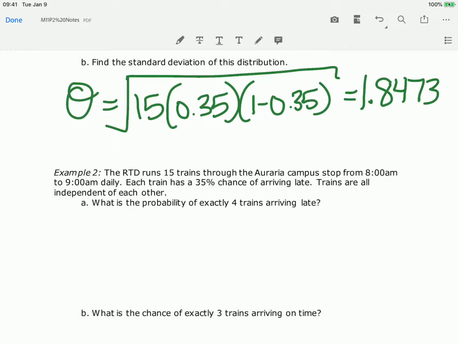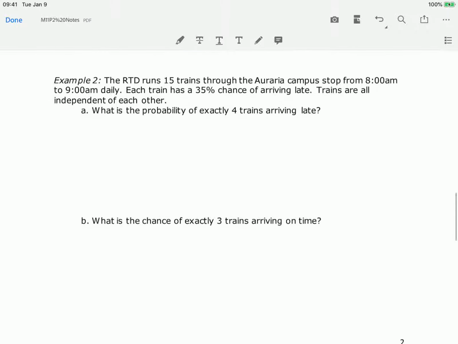So let's go ahead and look at how to calculate some probability with this. So we're looking at the same example. The first question I've asked is, what is the probability of exactly 4 trains arriving late? There are two ways that I'm going to show you how to find the answers to these probability questions. One is using a website that I'm going to use during the notes called GeoGebra.